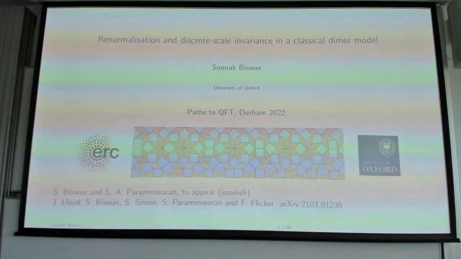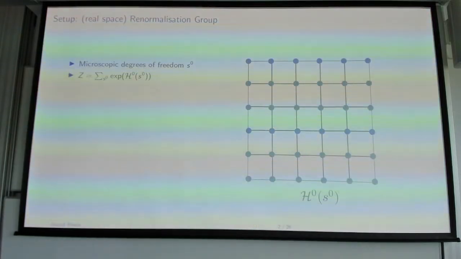Great. So just to set up the context of renormalization. Imagine I have some square lattice with degrees of freedom represented by these blue circles. Let's say there is a Hamiltonian H0, which describes these degrees of freedom, and there is a partition function which is related to the Hamiltonian like this.